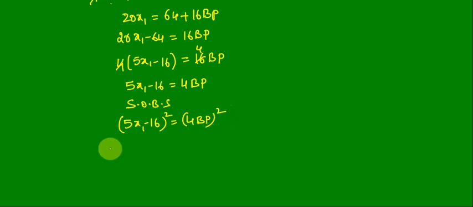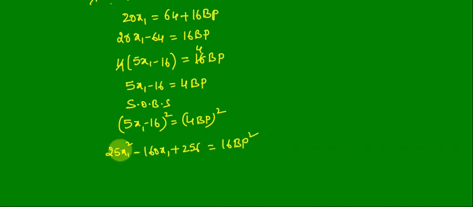So this will become a square, that is 25x1 square, then minus 2 times 5 is 10, 10 into 16 is 160x1, plus b square, 16 square is 256. On the right hand side, 4 square is 16 and BP square is BP square. This square belongs to this 4 as well as to this BP.